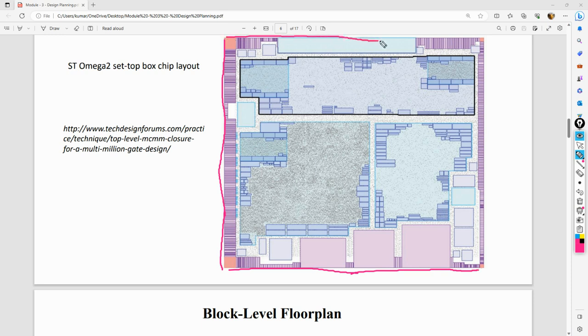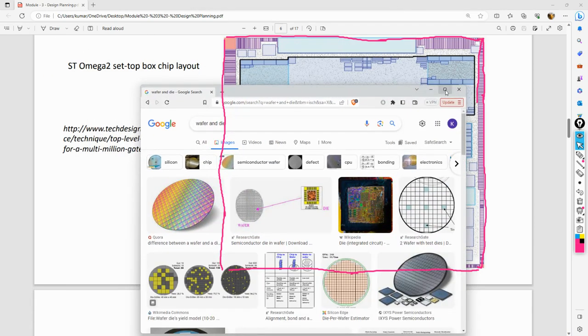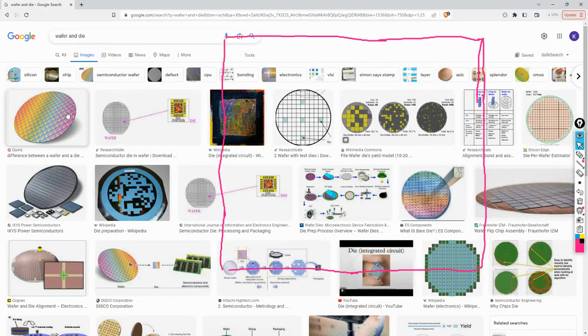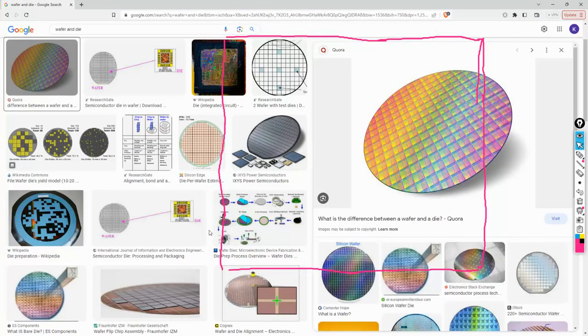Okay, so this is your full chip. Now if you guys remember one thing, it is how our ICs are getting manufactured. The first thing is, this whole thing is called the silicon ingot.